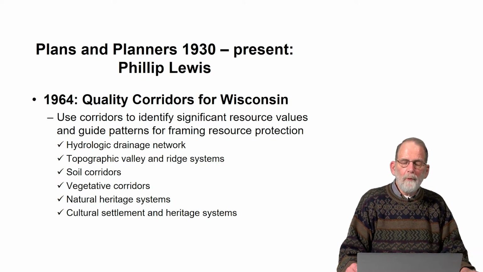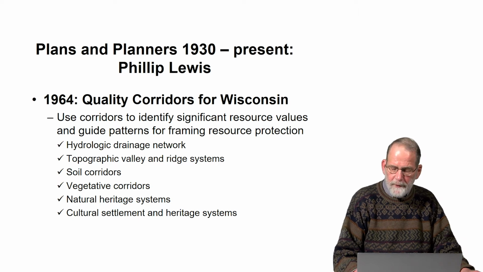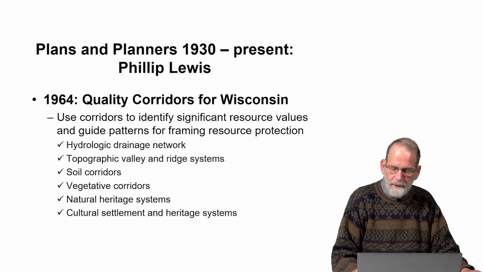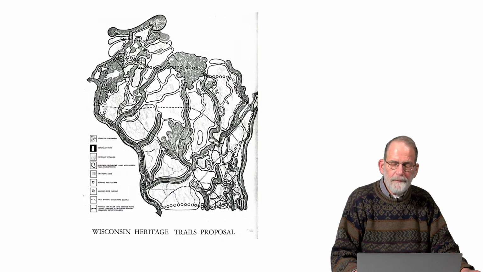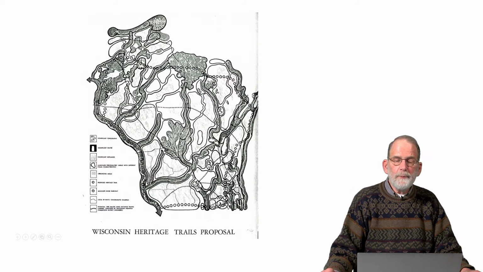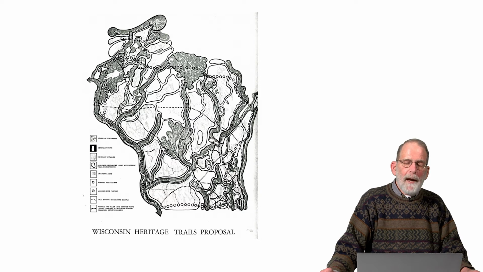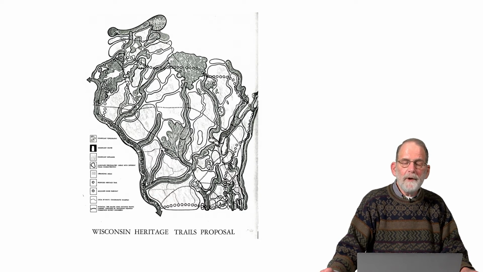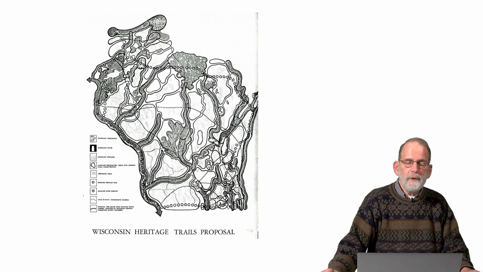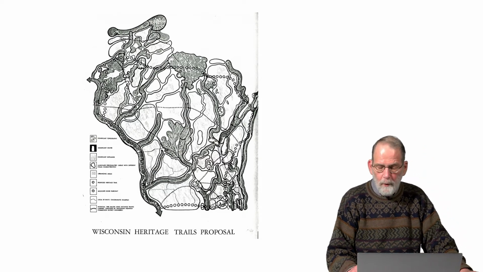Again, working with multiple sets of corridor systems in the landscape based upon hydrology, topography, vegetation, etc. So this is the final map that he produced for Wisconsin, showing his system of major environmental corridors and natural resource corridors, and areas to be managed then relative to the special values associated with them, and trying then to keep development occurring within the upland areas in between the corridors.